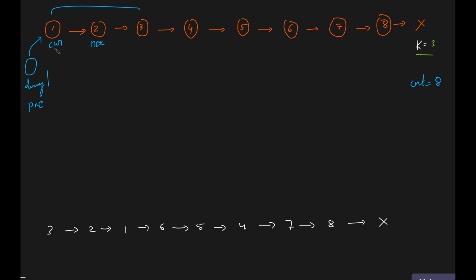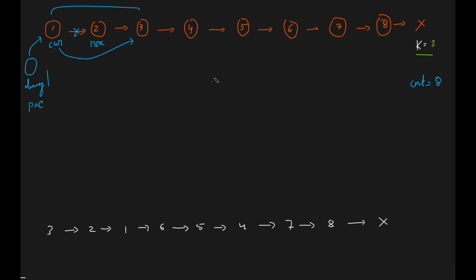So that is what you do. Now let's start reversing the first link. What we are going to follow is, at first break this link and point the next to 3. Please stay with me, you will understand.